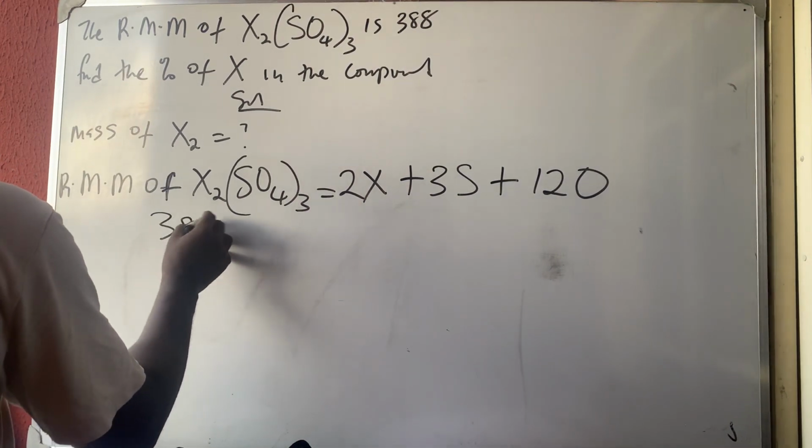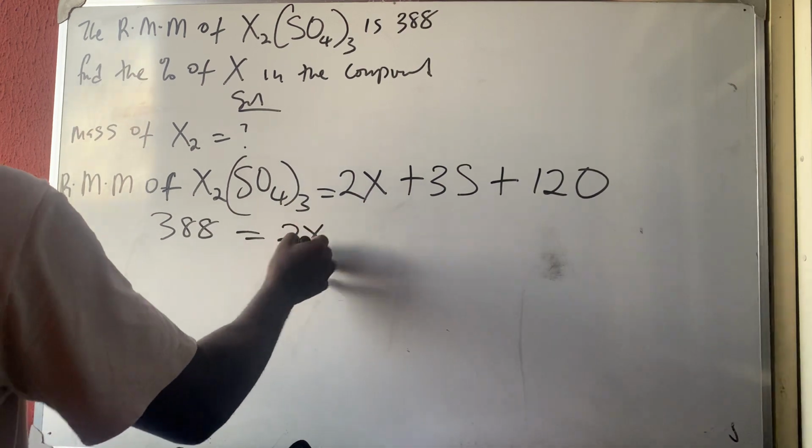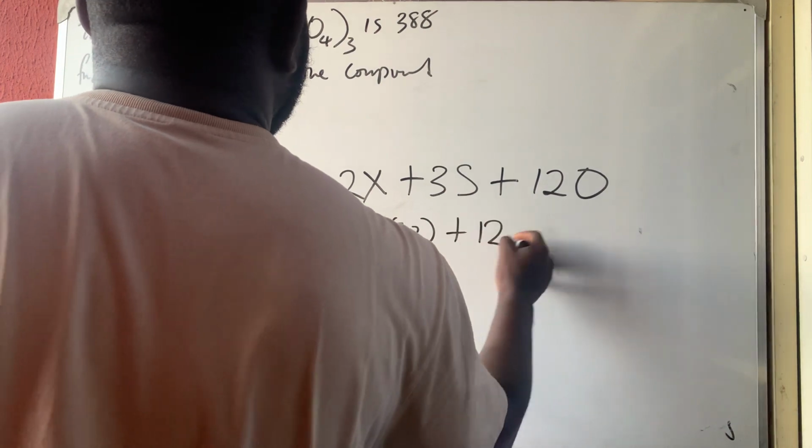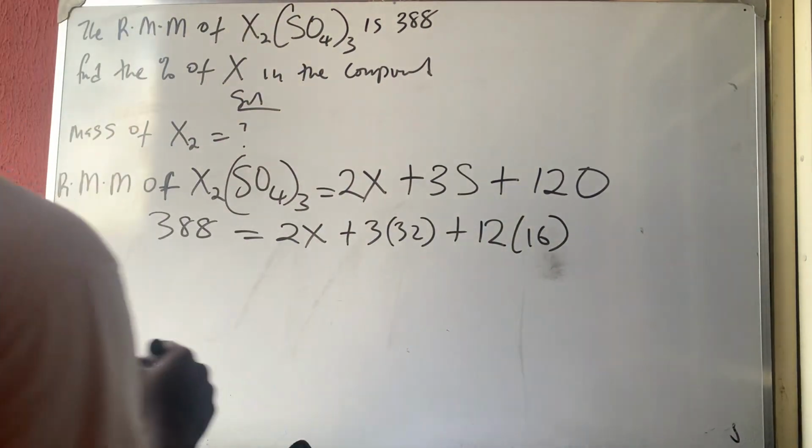So 388 is equal to what? 2x that I don't know plus 3 into 32 plus 12 into 16.